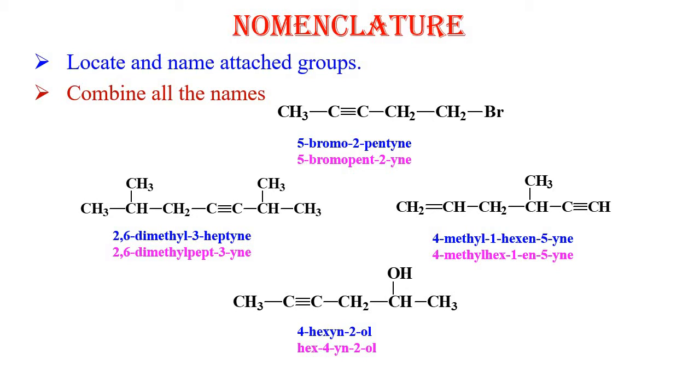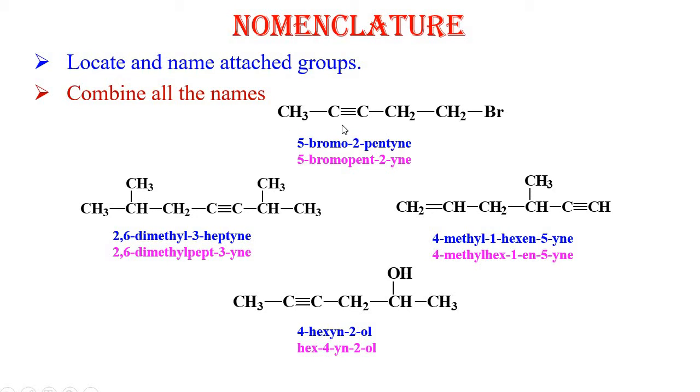So while naming alkynes, locate and name the attached groups, and at last finalize the names of all the substituents. In this compound, one substituent, bromine, is present.